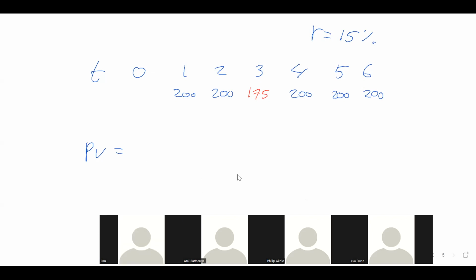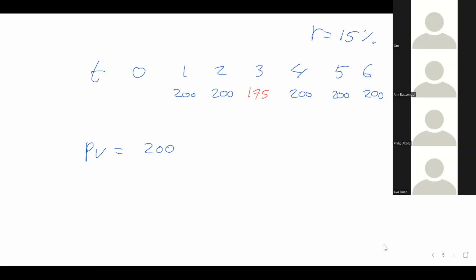So constantly getting 200 euros. Yeah, so one way to do this is 200 divided by 1.15 plus 200 divided by 1.15 squared. But that would take too much time. I'm too lazy for that. So I want to use the formula. The formula for the annuity.